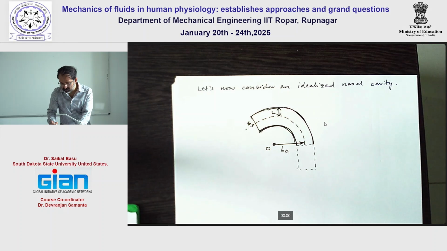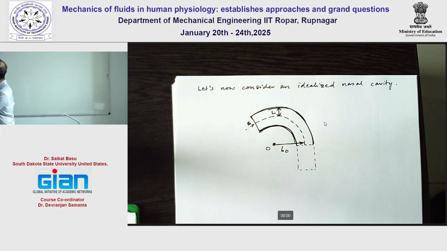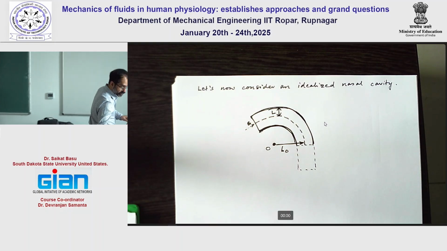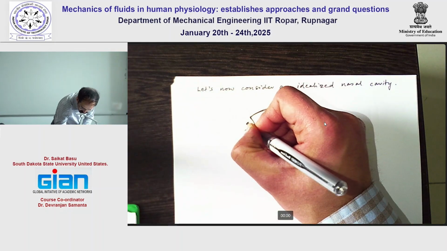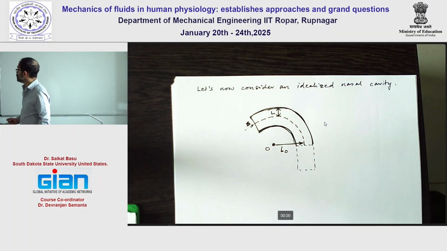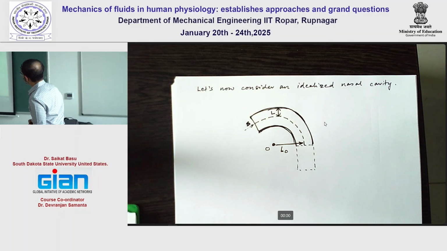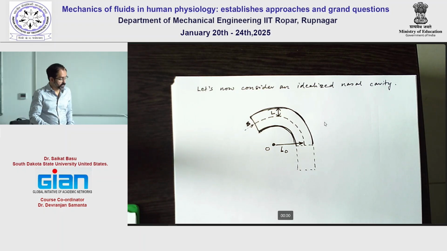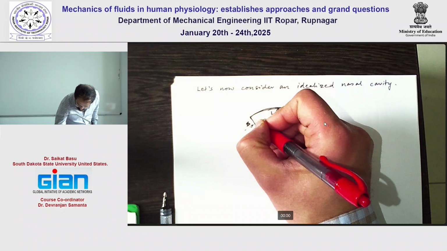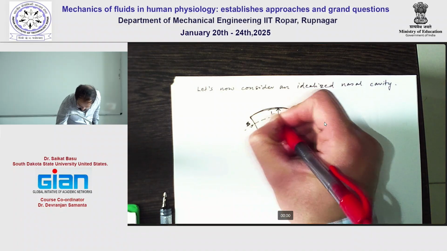Now we are going to keep count of how far into the airway we are using the value of that S, let's not call it the S coordinate because we are using a different coordinate system here. And we are going to track particles from here to where they go.